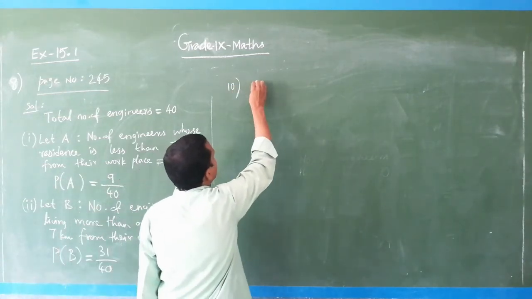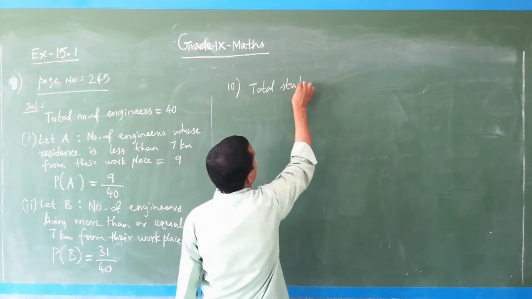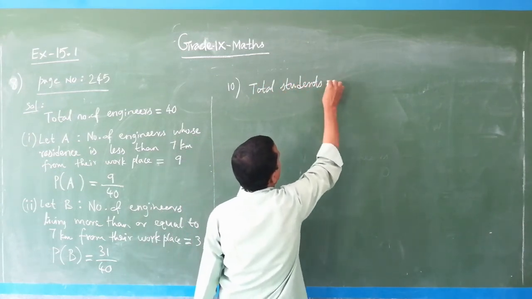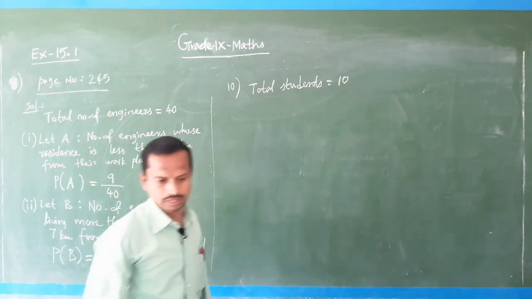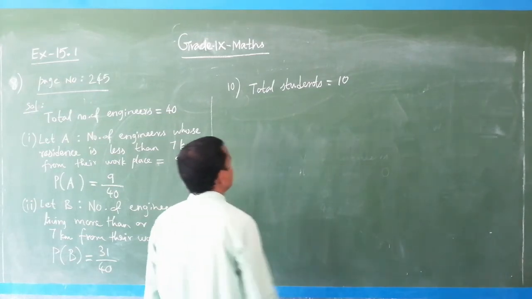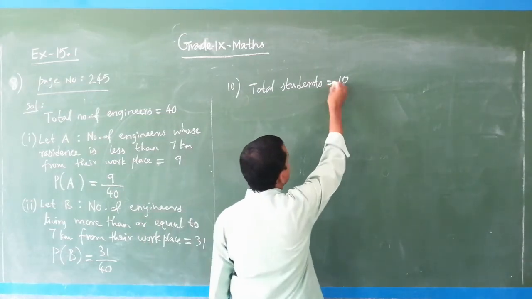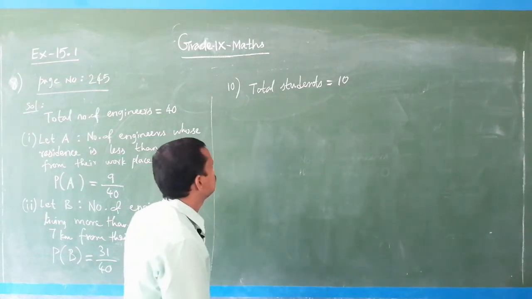10th question, total students equal to 10, for example, you take it like that. Suppose I am asking the 10 students to write any 3-digit number.